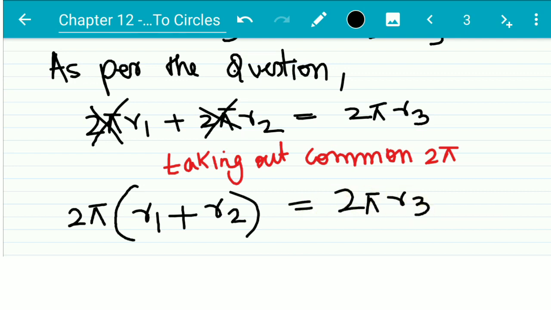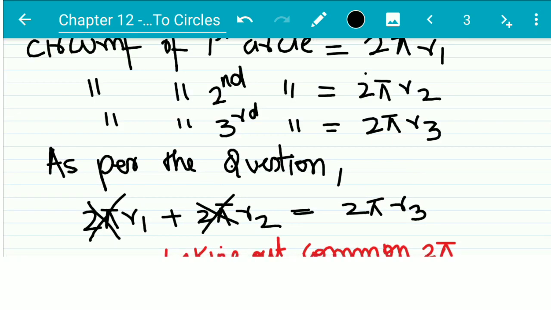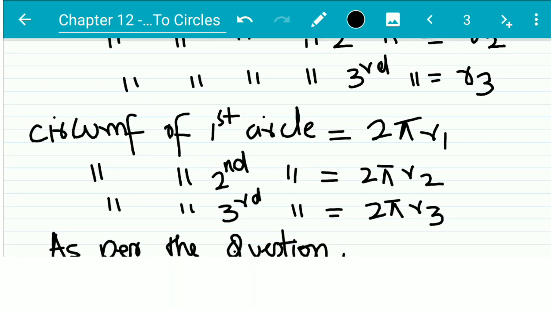Now substitute the values of r1 and r2. We didn't write them here. If you want, you can write below this, r1 equal to what was given in the question, 19 centimeter, r2 equal to 9 centimeter. This is already given in the question.